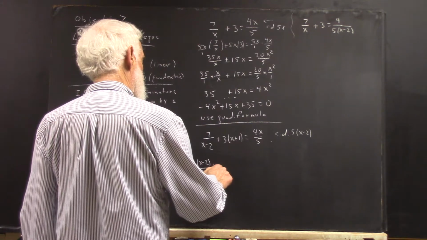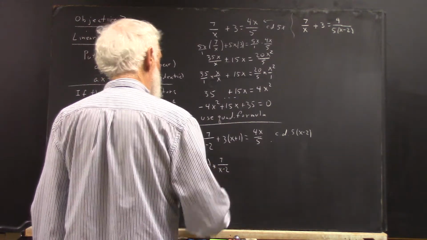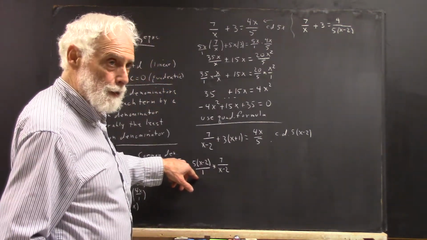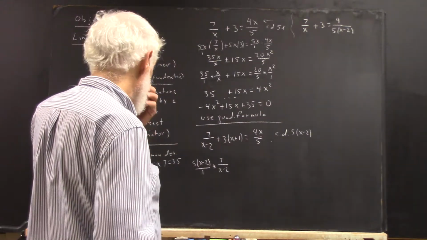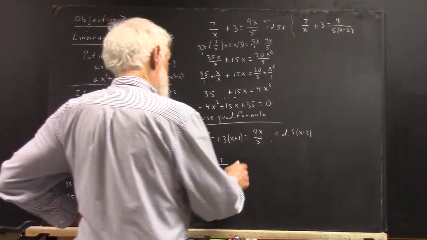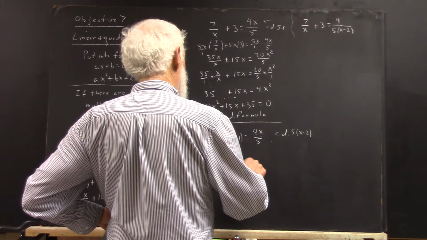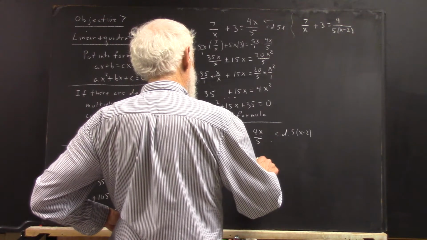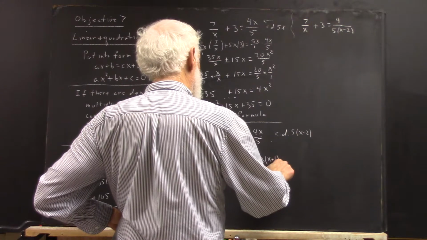Do this. Okay. And I'm putting the 1 in the denominator because people are still showing some confusion with fractions. So then we're going to have 5 times x minus 2 times 3 times x plus 1.